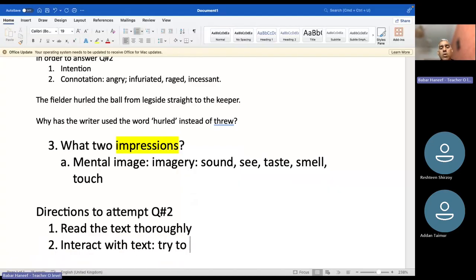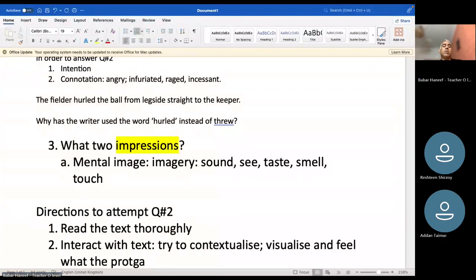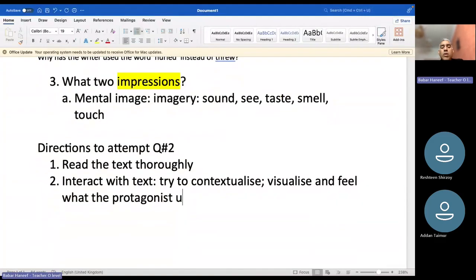Try to contextualize it. By contextualizing, I mean try to visualize and feel what the protagonist is going through.